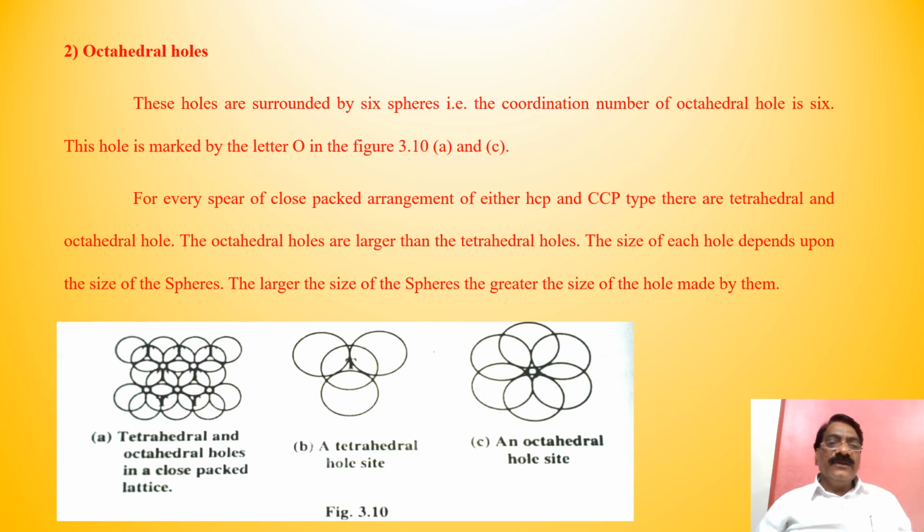For this hole, there are 4 spheres or atoms surrounding it, that is, its coordination number is 4. And figure C shows the octahedral hole. This hole has coordination number 6, that is, 6 spheres or atoms surround that void or hole.